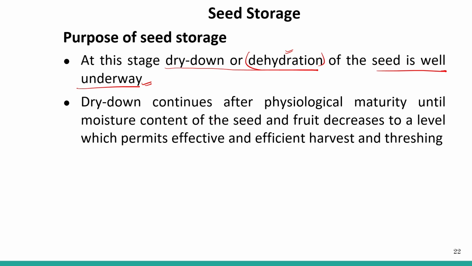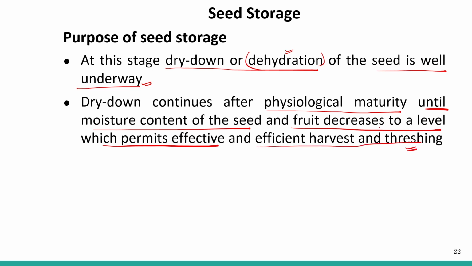The dry down continues after the physiological maturity until the moisture content of the seeds and the fruit decreases to a level which permits effective and efficient harvest and threshing. So it is very, very important that at the time of seed storage, there should not be any moisture present inside the seeds.